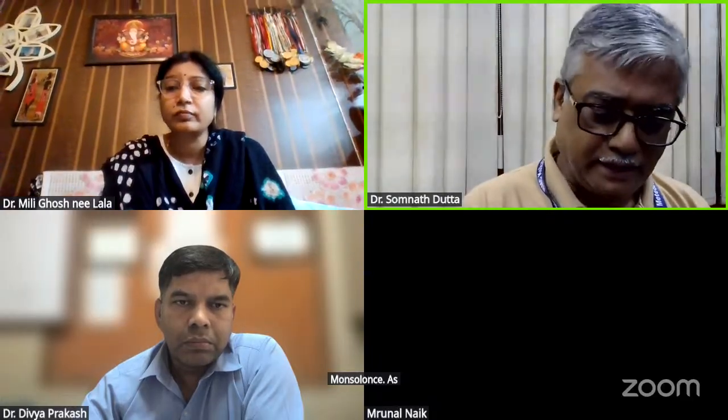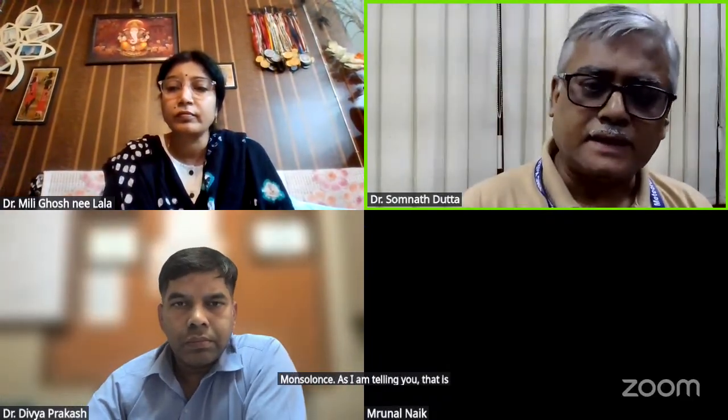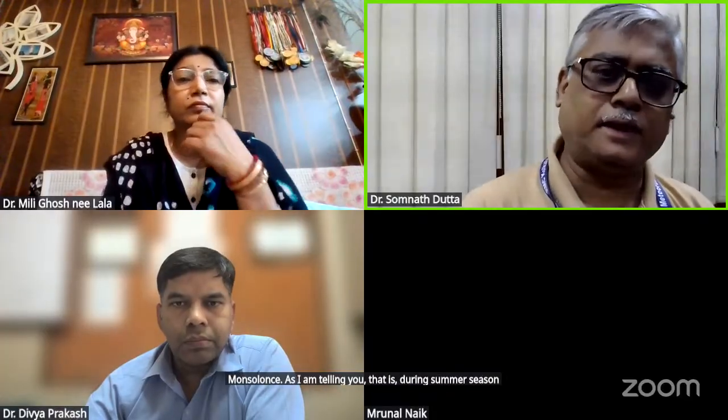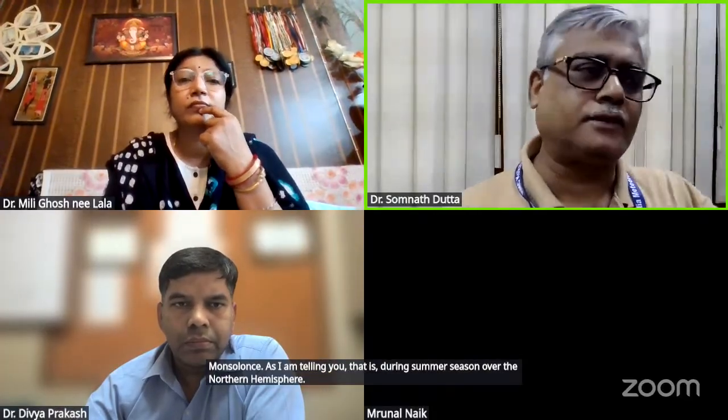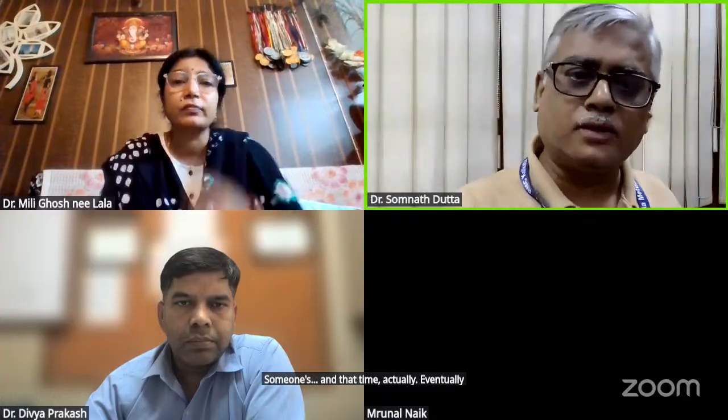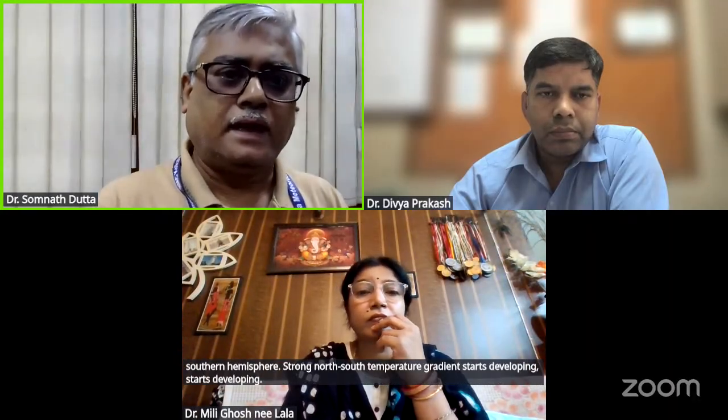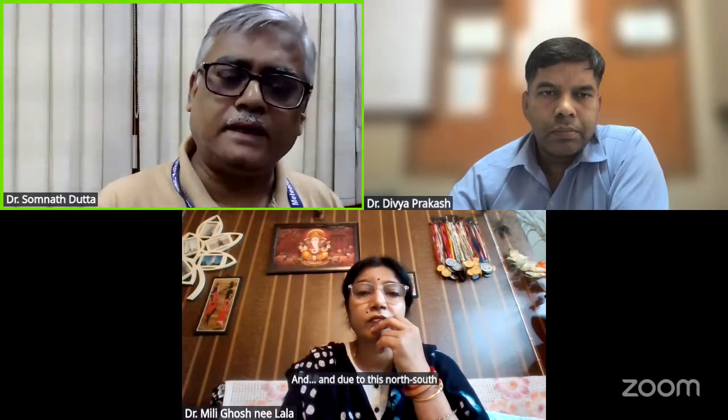As I am telling you, during summer season over the northern hemisphere, at that time there is cold season in the southern hemisphere. A strong north-south temperature gradient starts developing, and due to this gradient, this belt becomes a reservoir of zonal available potential energy.